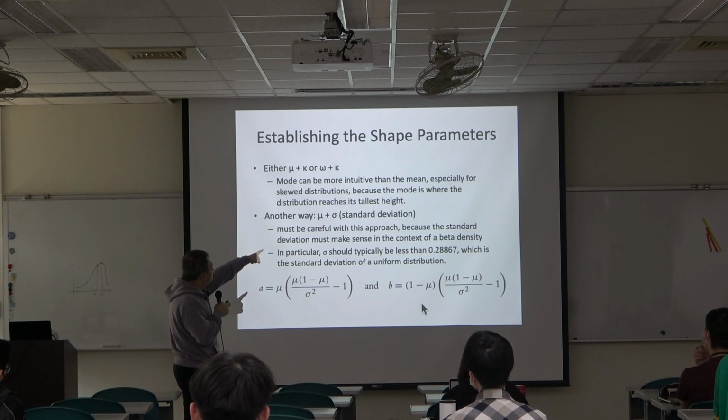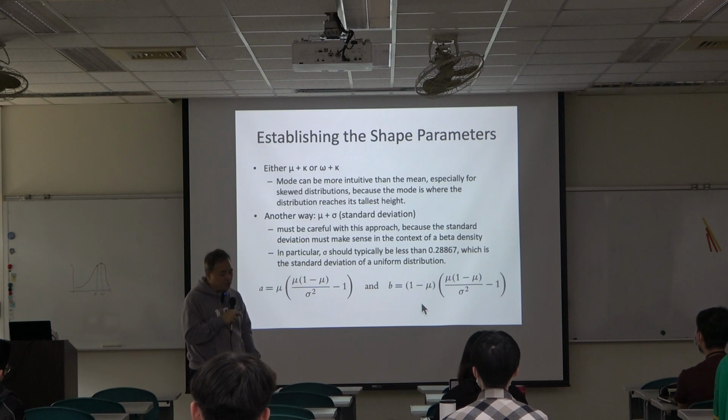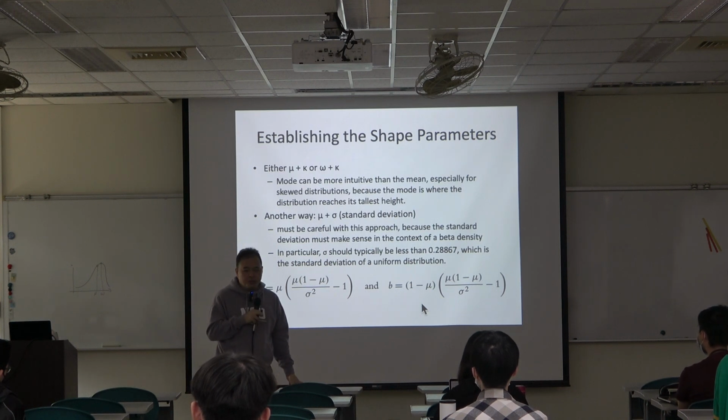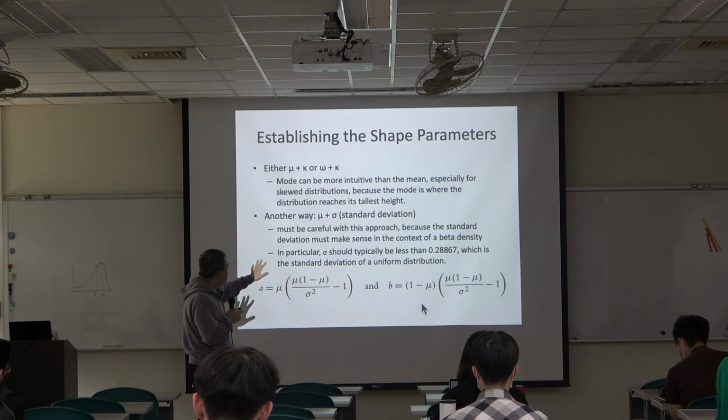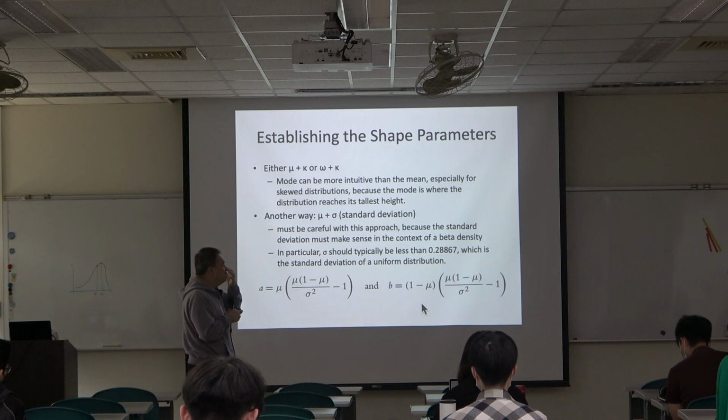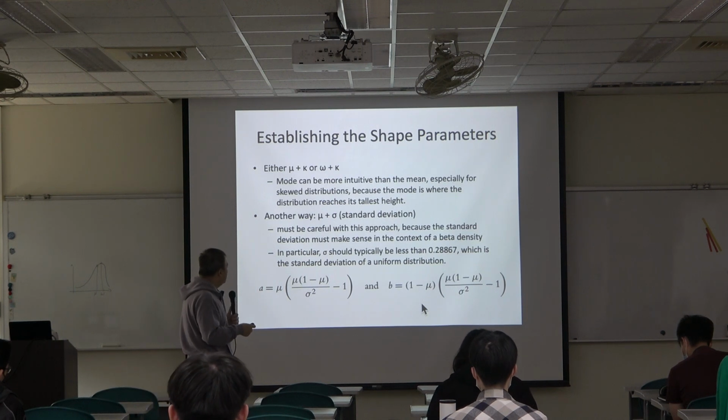So, you could use mu and sigma, the standard deviation, to describe a beta distribution. However, using this way to describe a beta distribution, you should be very cautious, because sigma here cannot be assigned arbitrarily.